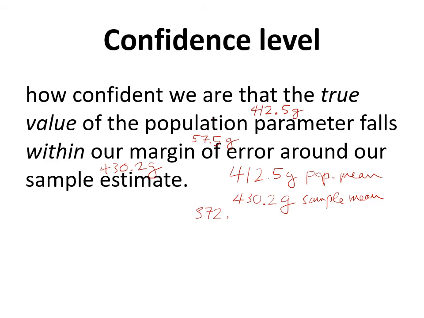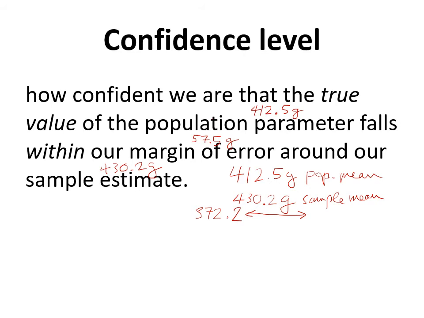So this means that for our sample, our mean was 430.2 grams, but there was a fair amount of variability in those frogs' weights. Some were heavier, some were less heavy. And this means that the range that we're confident about is between 372.2, is that right?